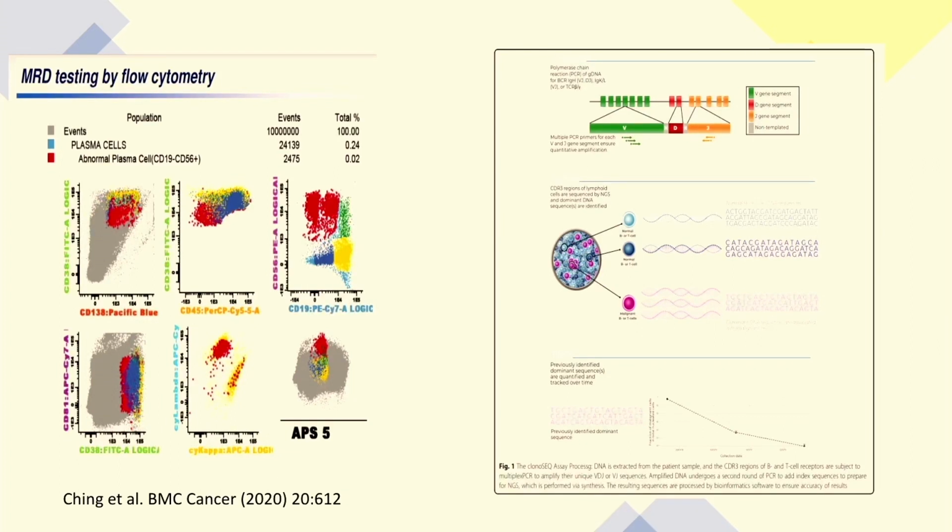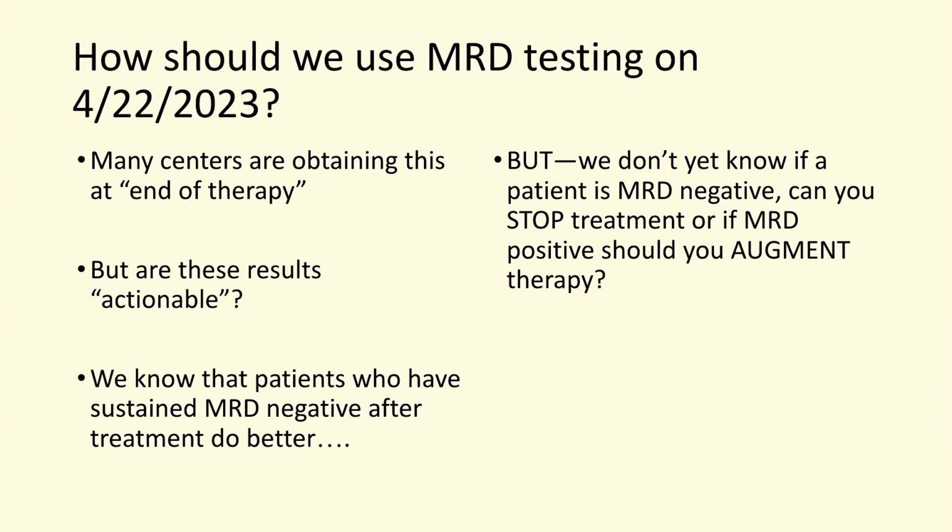Now, in order to say that you've got abnormal myeloma cells, you had to have had a sample taken essentially at baseline or at least at a time point when you had a lot of myeloma cells in your bone marrow. Otherwise, it doesn't work very well. A little bit more expensive, but what they can do is track things longitudinally and give you a graph and say, hey, you had a lot of myeloma up here, but now we're testing later on and you have very little.